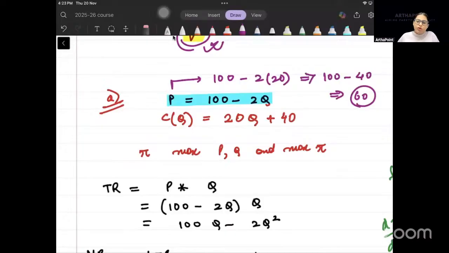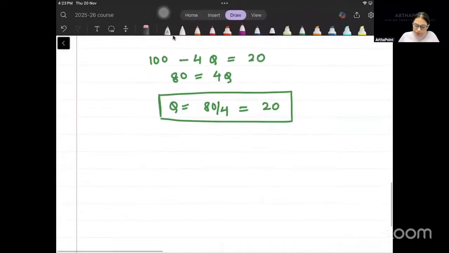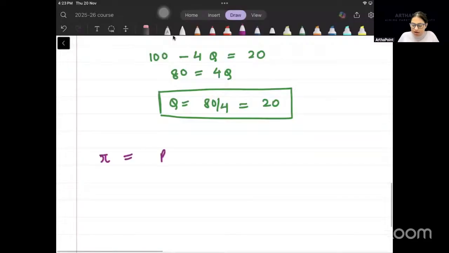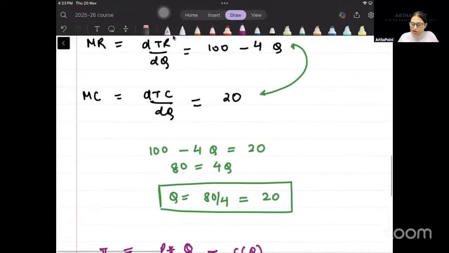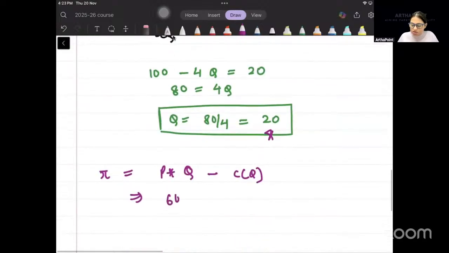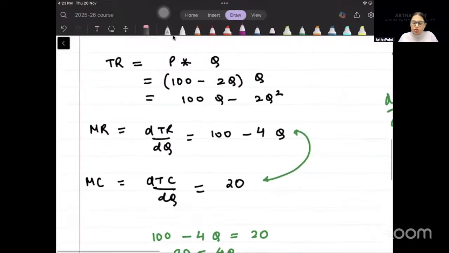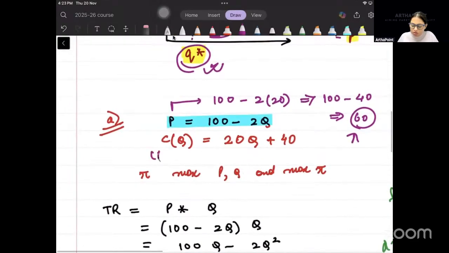ठीक है. अब you have to find the profit. So price into quantity minus cost. तो प्राइस है हमारा 60, क्वांटिटी है 20, 60 into 20 and put Q in the cost function. What will be your cost?